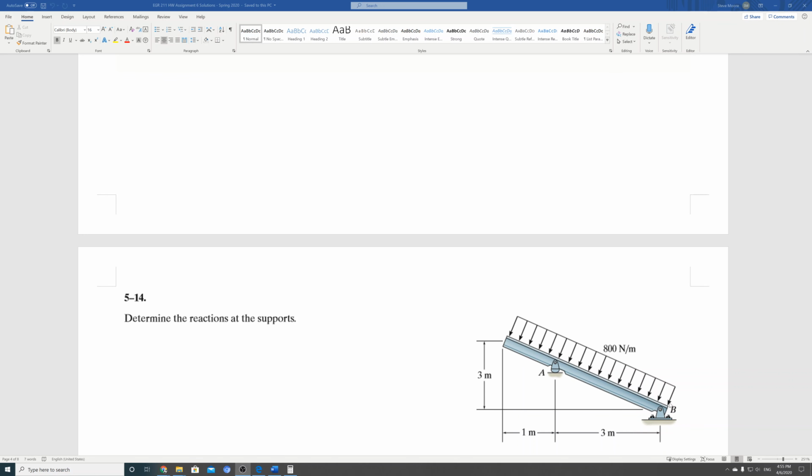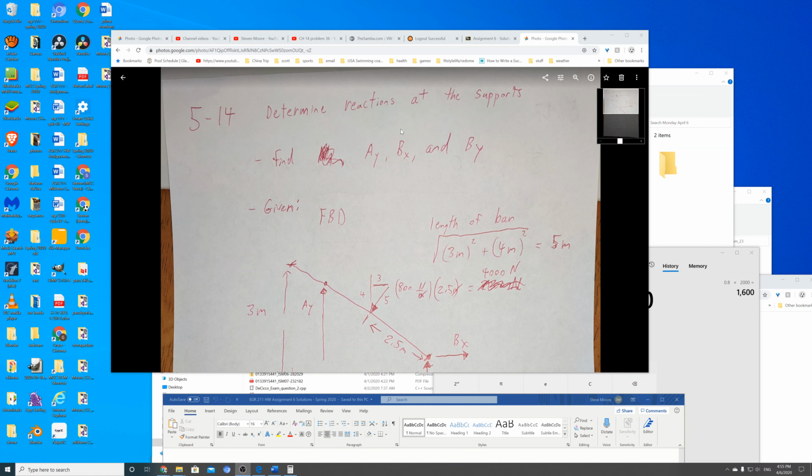This one will not resist rotation, but it resists translation in the x and the y direction, so we'd have two reactions. Like the previous problem, we have three reactions to solve for. We're going to look for AY, BX, and BY.